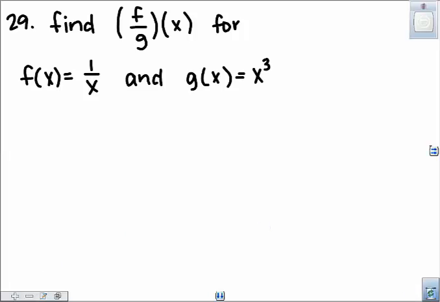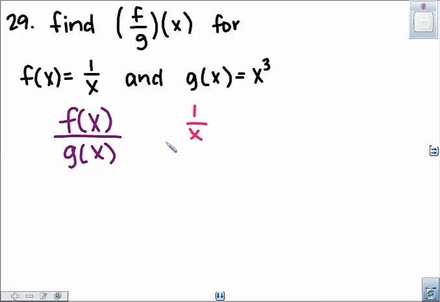29 is now dividing f and g with a new f and g. So again, this is f of x divided by g of x. So my f of x function is 1 over x over my g of x function, which is x cubed. Do not stop here. We do not want fractions in fractions. So to get rid of this denominator, okay, we can multiply by the reciprocal.